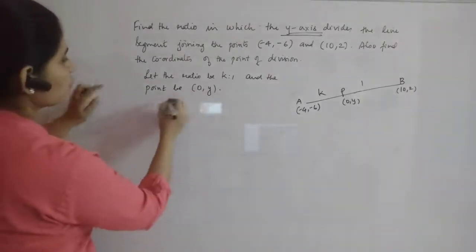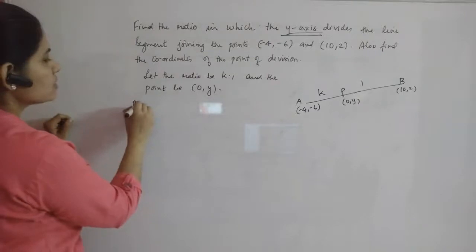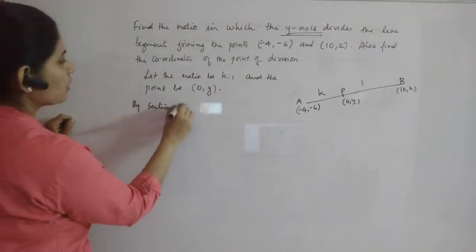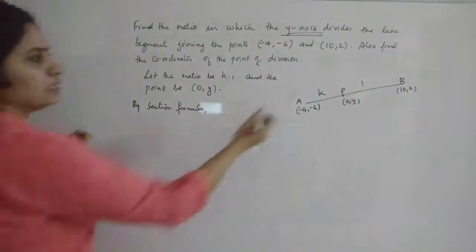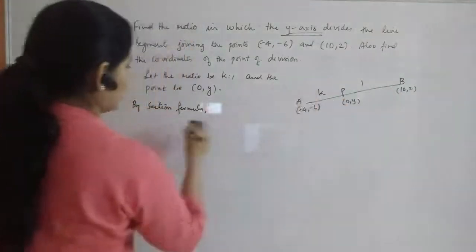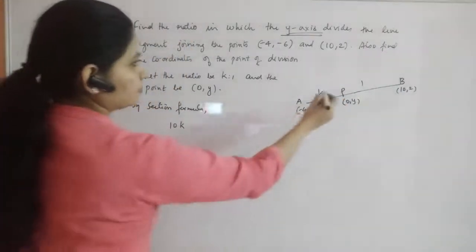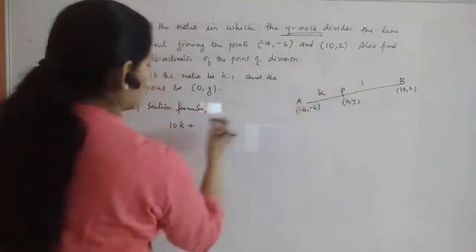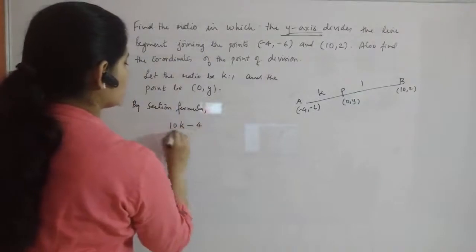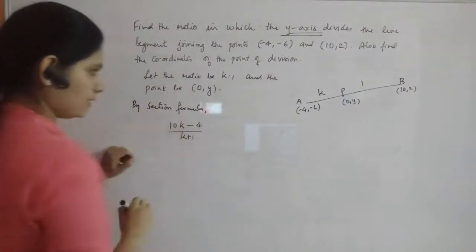So what you have to do is use the section formula. By the section formula, the first coordinate will be k into 10, 10k, plus 1 into -4, that is -4, divided by k plus 1.